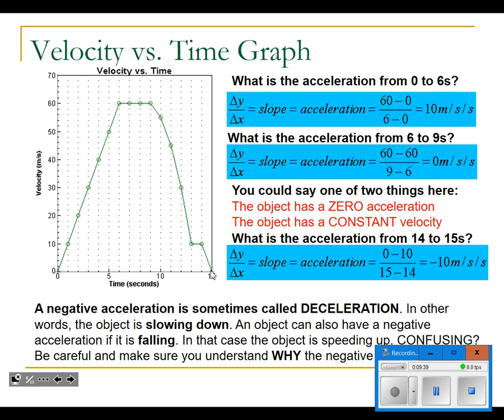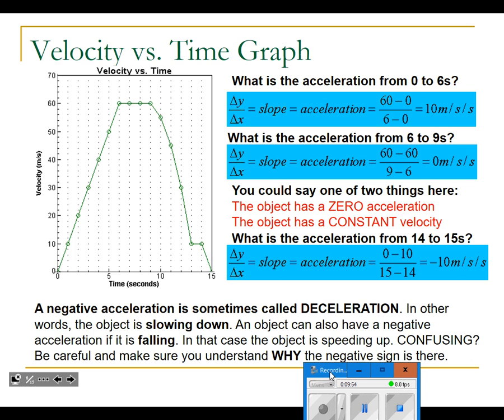Well, we are talking about quadrant 1 here, and I'll go into quadrants at a different time with you. But the object can also have a negative acceleration, and it could be falling. In this case, the object is actually speeding up if it's falling, so it can be confusing. So we have to be careful and make sure we understand why the negative sign is there.